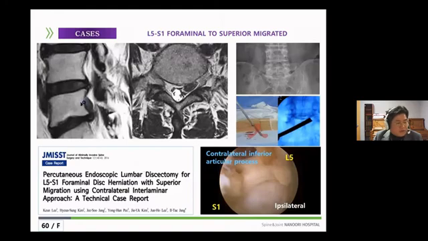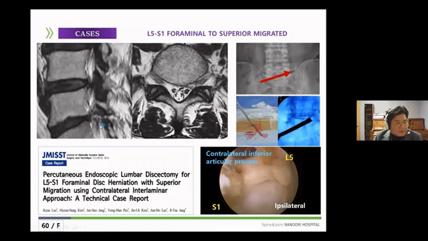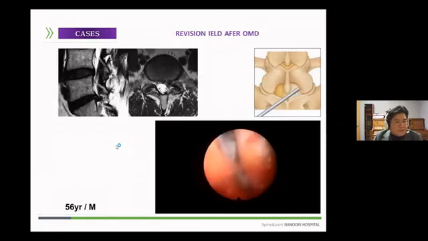L5S1 foraminal to superior migration HNP is a relatively difficult site for endoscopic discectomy, and with the use of the contralateral interlaminar approach, you can see we can effectively resolve these regions. The interlaminar approach seems difficult for recurrent disc after open lumbar discectomy due to adhesion.